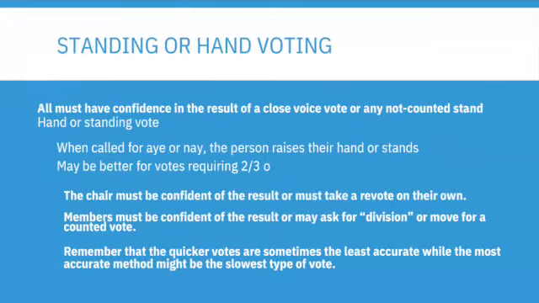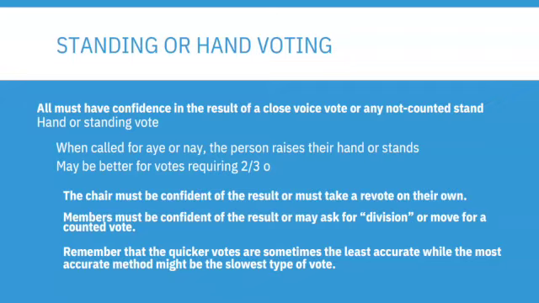Now, with a standing or a hand count, all must have confidence in the result of a close voice vote or any not counted hand or standing vote. When called for aye or nay, the person raises their hands or they stand up. And it may be better for votes requiring 2/3.